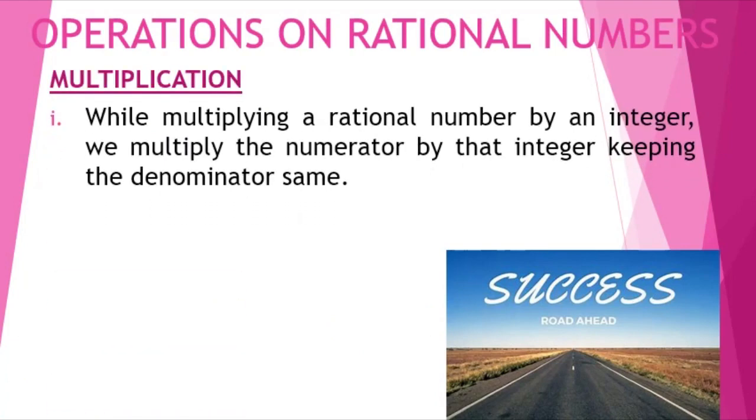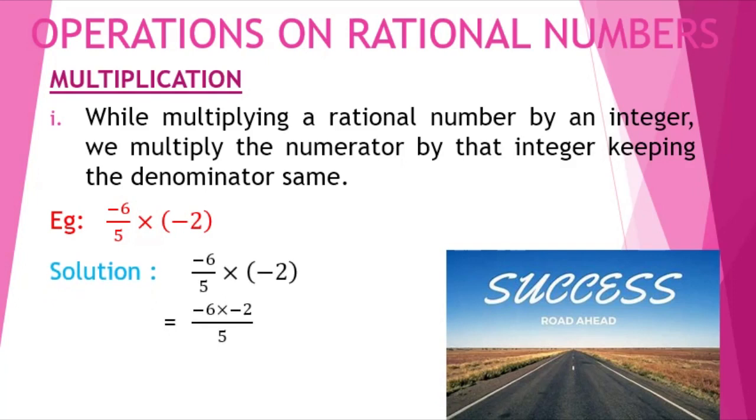While multiplying a rational number by an integer, we multiply the numerator by that integer, keeping the same denominator. For example, minus 6 by 5 multiplied by minus 2.